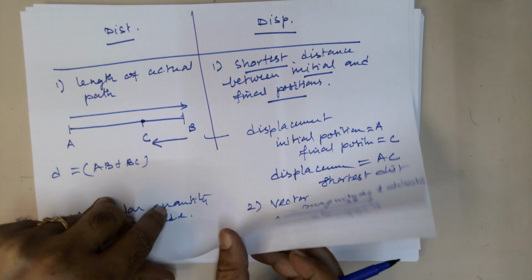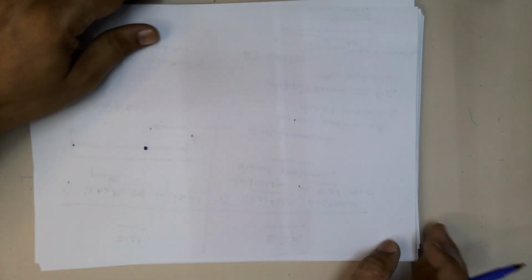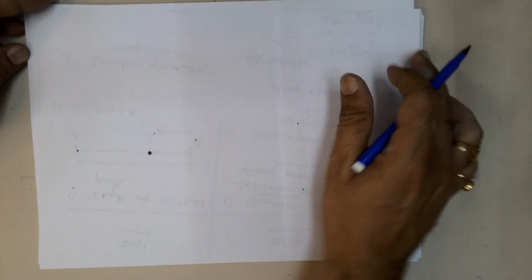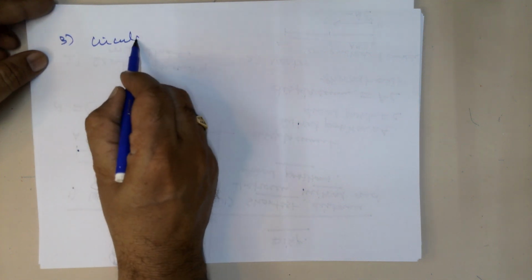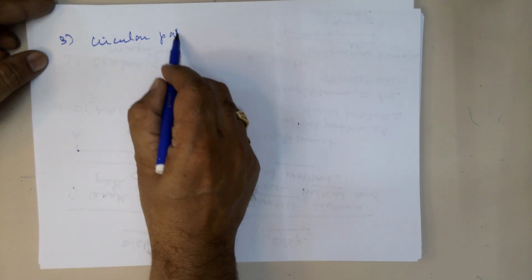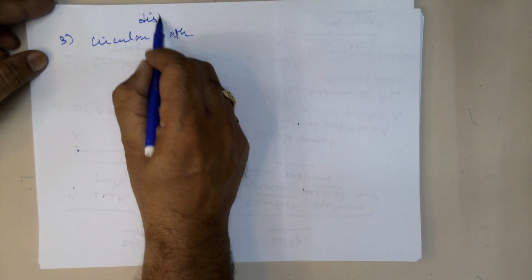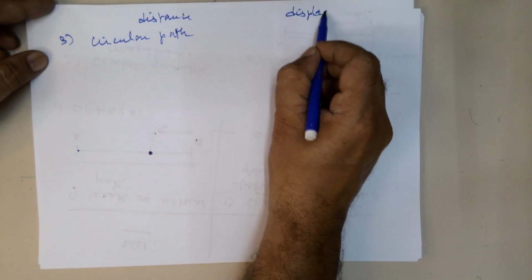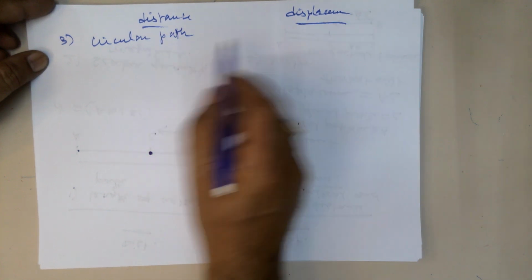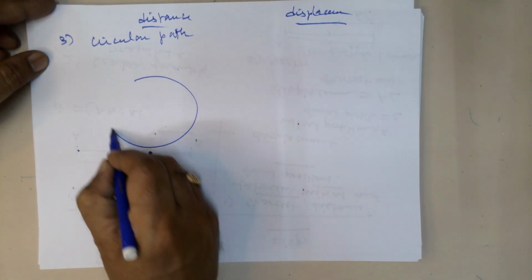In the case of a circular path, what is distance? What is displacement? This is distance. This is displacement. If you consider the distance in a circular path, it goes like this.